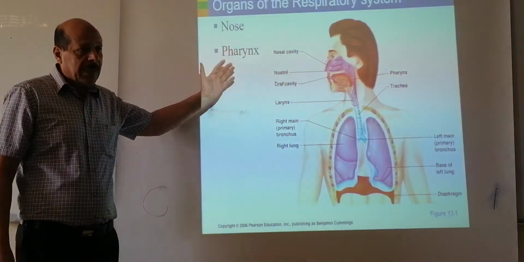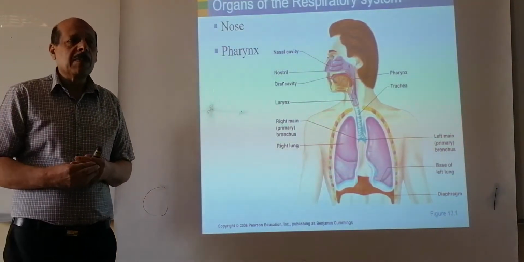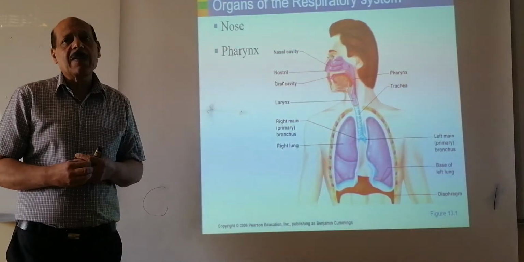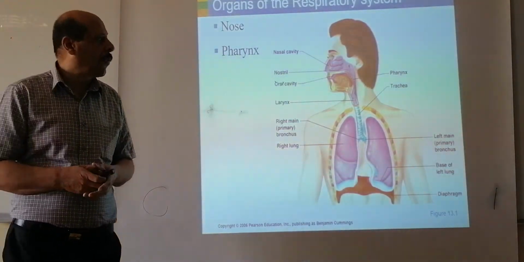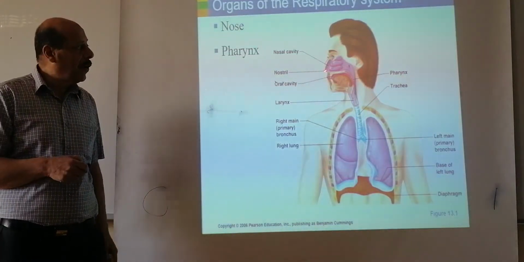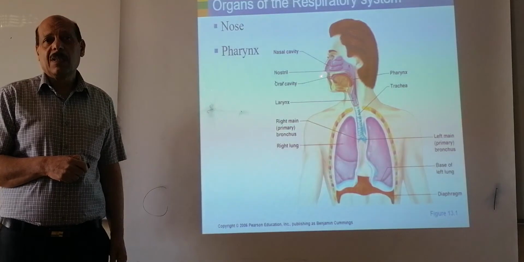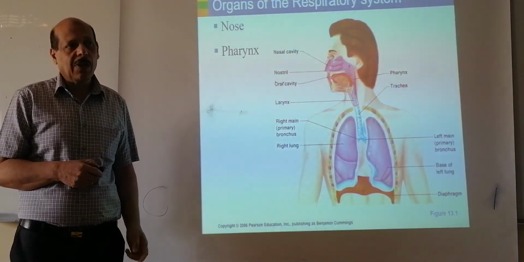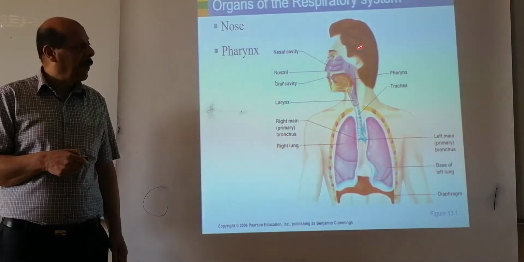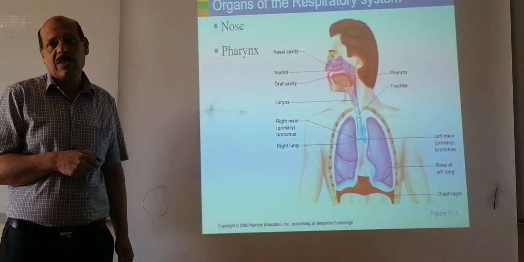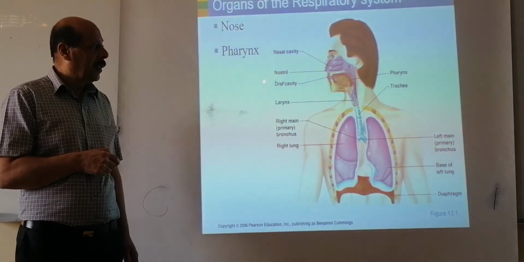So, starting from the organs of the respiratory system, where does it start? It starts from the nose, which is the only obvious part of the respiratory system in our body. It is the only external part that we can see.